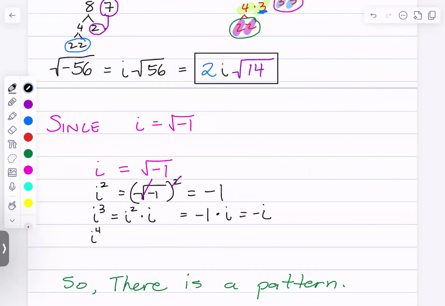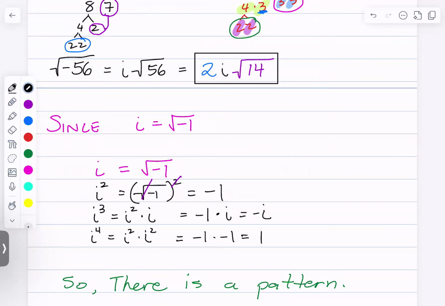i to the fourth is just i squared times i squared. i squared is negative 1 times negative 1, which equals positive 1.